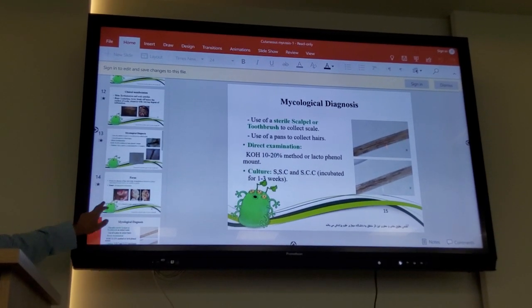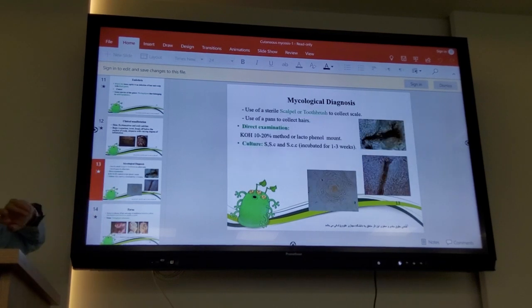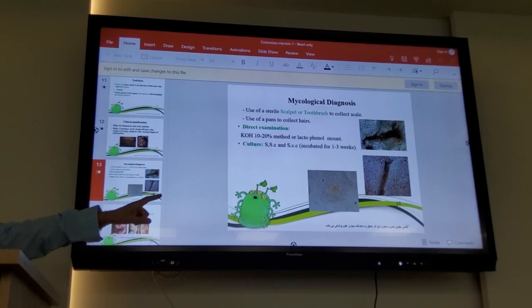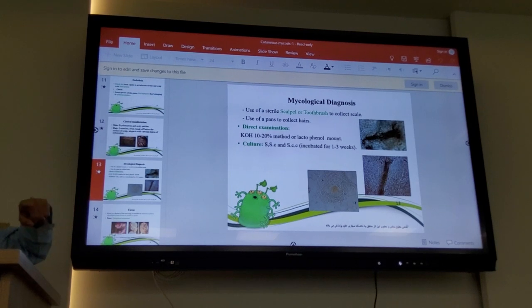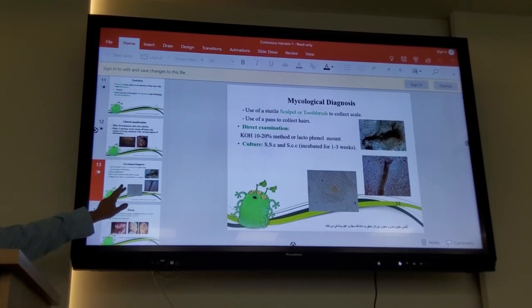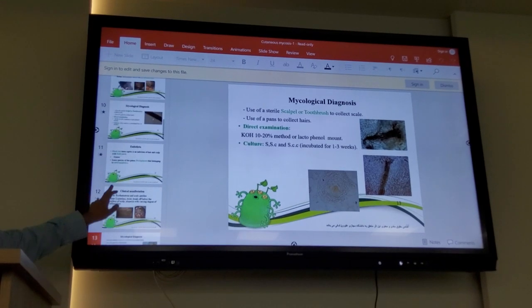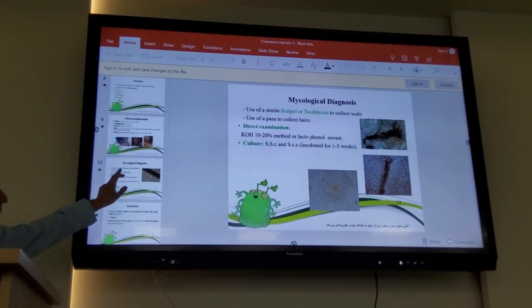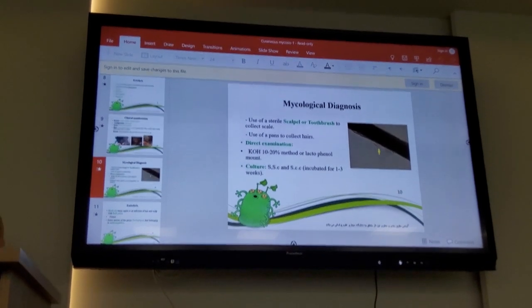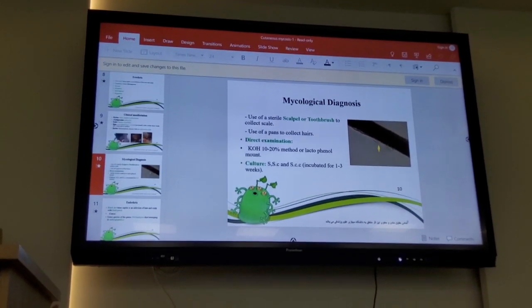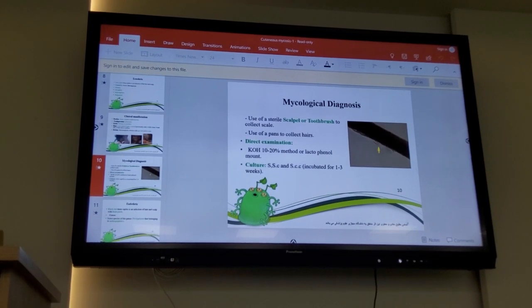If you see clusters of spores inside the hair, the diagnosis is endothrix. And if you find clusters of spores outside, around the shaft of the hair, the diagnosis is ectothrix, and you report to the physician, who decides on treatment.